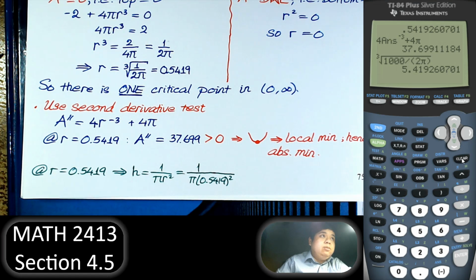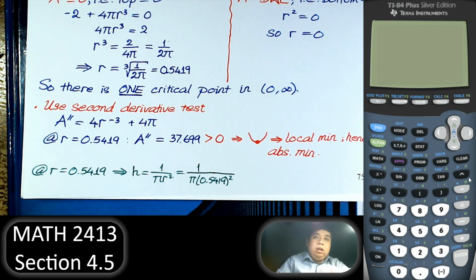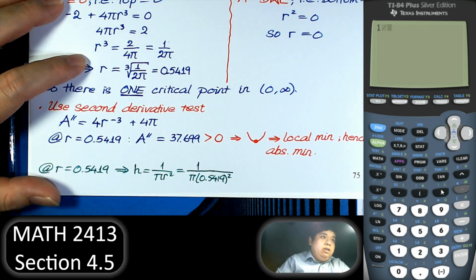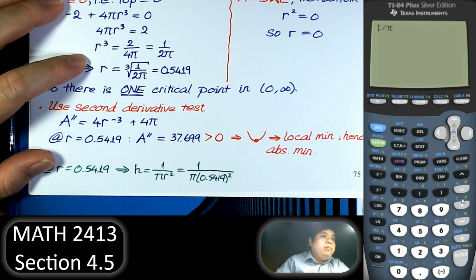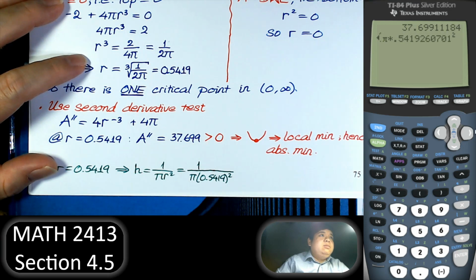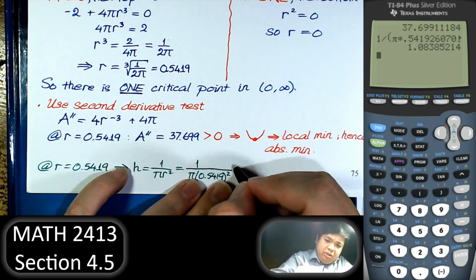Right. So 1 divided by pi times, yeah, whatever that number. I thought I put the parentheses. Right. That number is this. I have 1.08. So what is the significance of this?